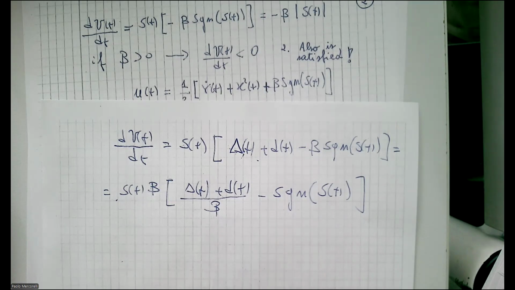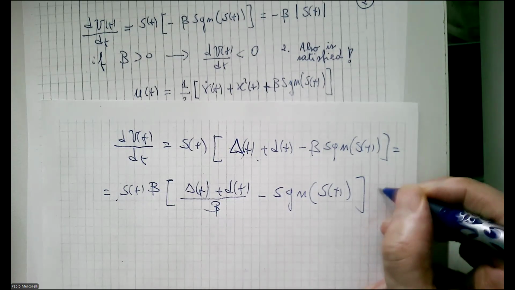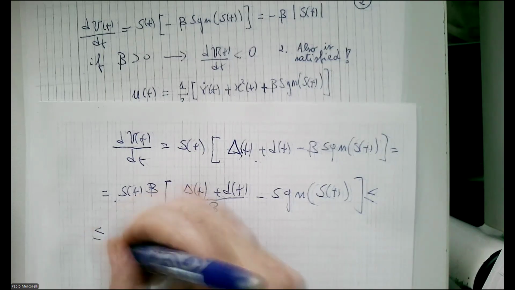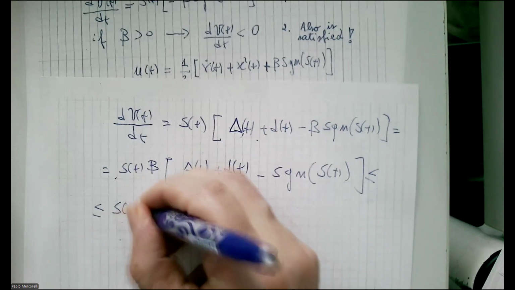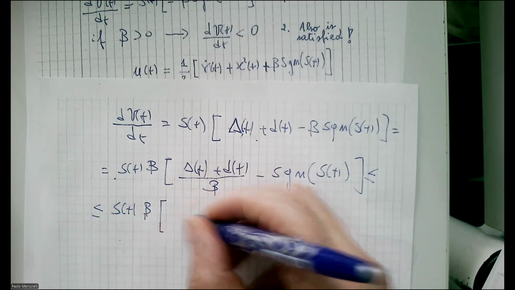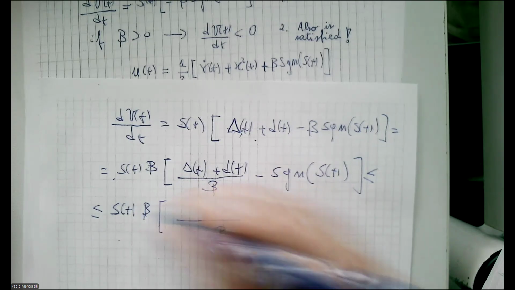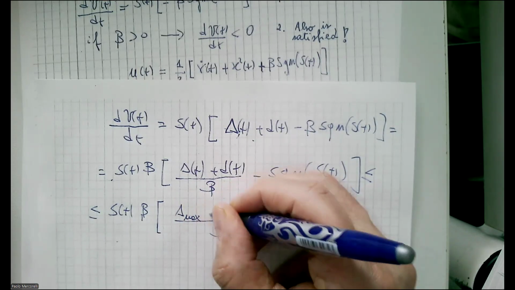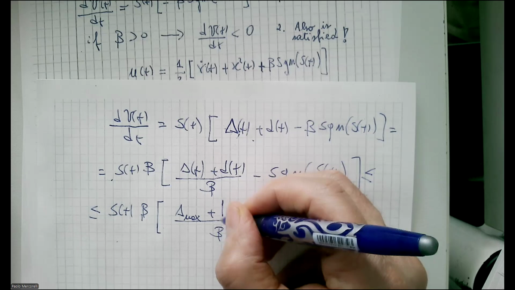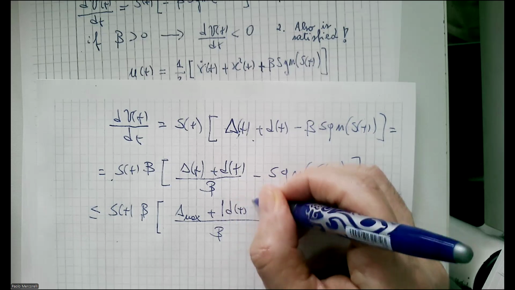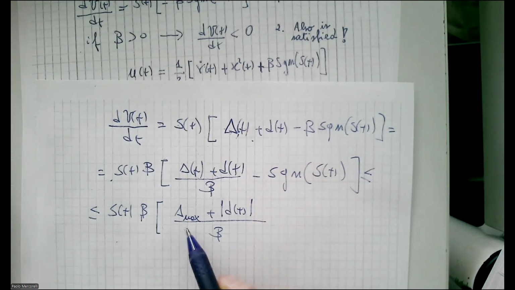Now look, this is less or equal to what? Less or equal to s of t times beta, or b, it doesn't matter the name, very important positive. Now look at the upper bound.